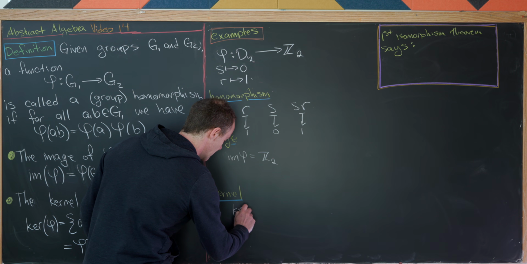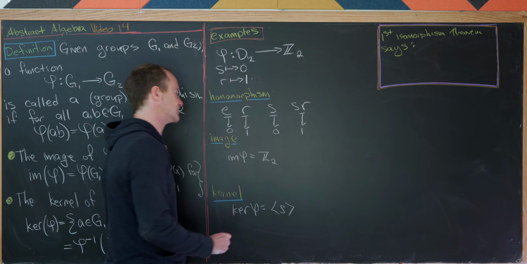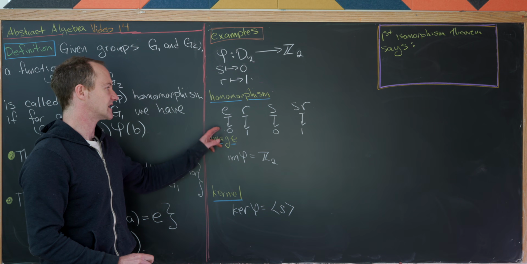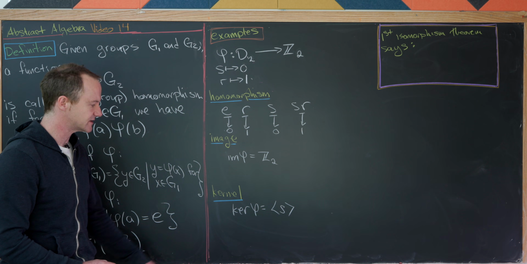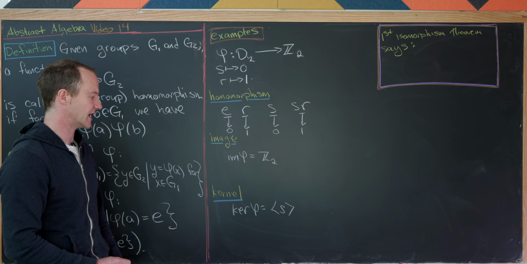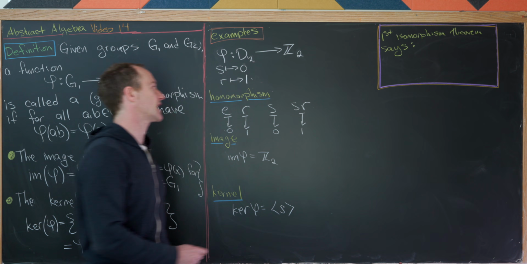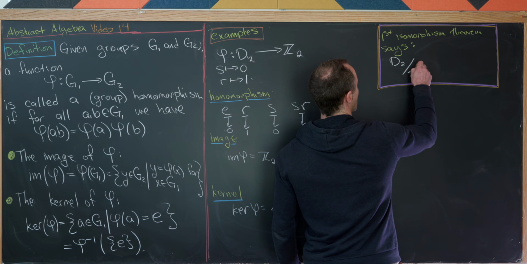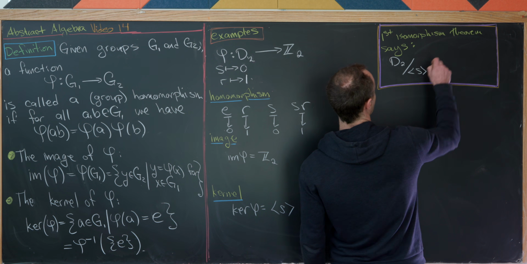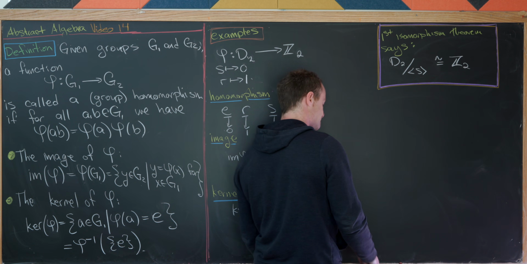Let's notice that the kernel of phi is equal to the cyclic subgroup generated by S. It's got E and S in there, but let's recall that S squared is the identity, so that's the cyclic subgroup generated by S. Now, putting this all together, for this very special case, we see that D2 mod the cyclic subgroup generated by S is in fact isomorphic to Z2.